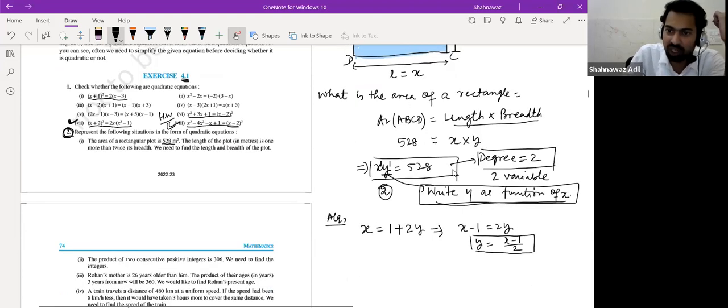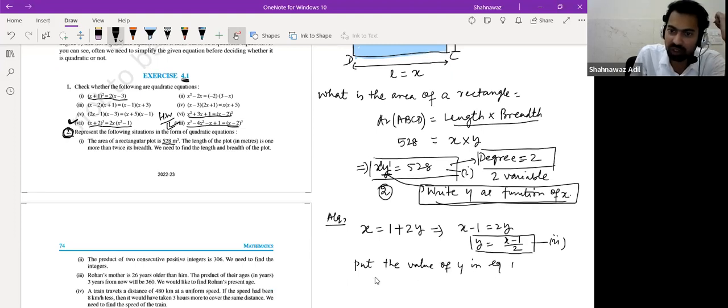So let's say this is equation 1 and this is equation 2. Put the value of y in equation 1. So this would be x into x minus 1 by 2 equals 528.